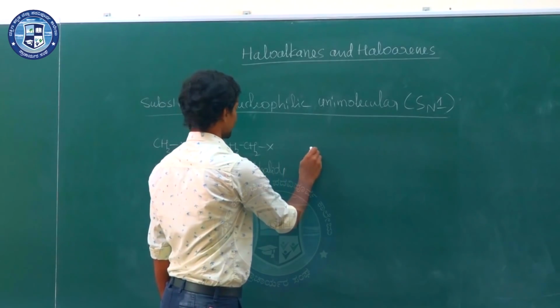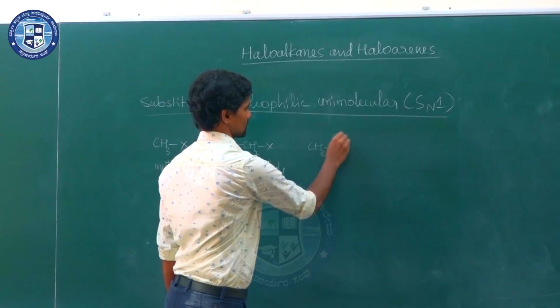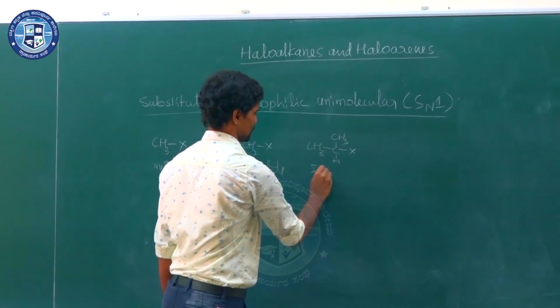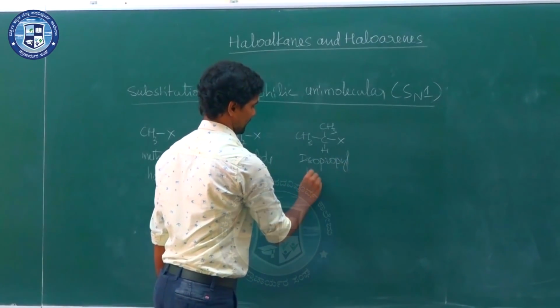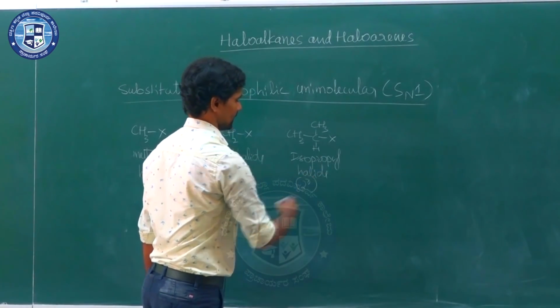Then isopropyl halide, CH3, CH3, so it is a secondary halide.